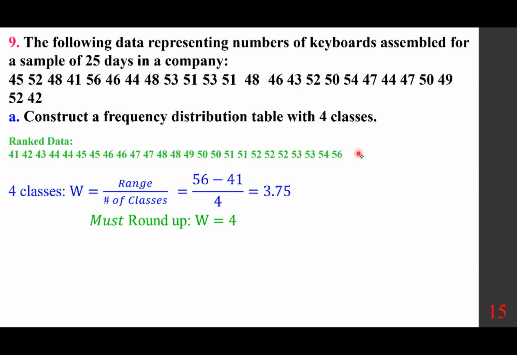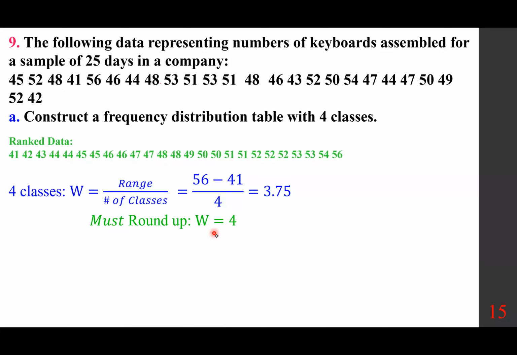You will miss some of it. You can stick with 3.75 and that gives you all of them, except it's not easy to work with. So it's a good idea to round it to a nice and easy number. It so happened the width is equal to the number of classes. That's not the case always. It just happened, okay? And so what do we do next?